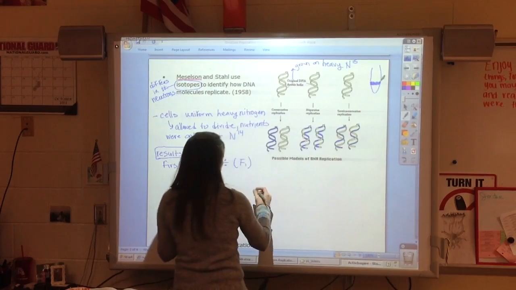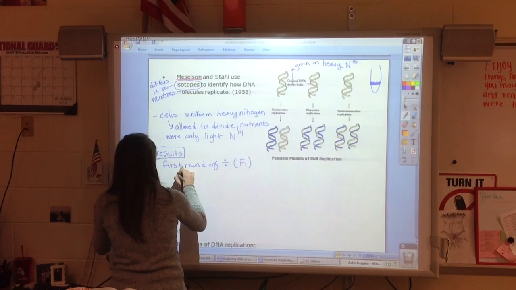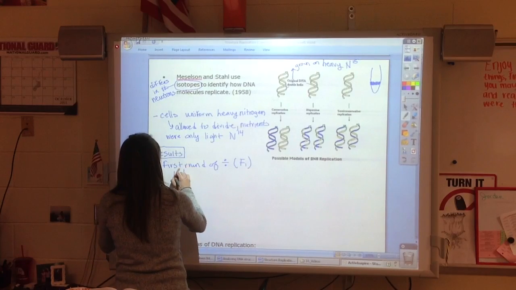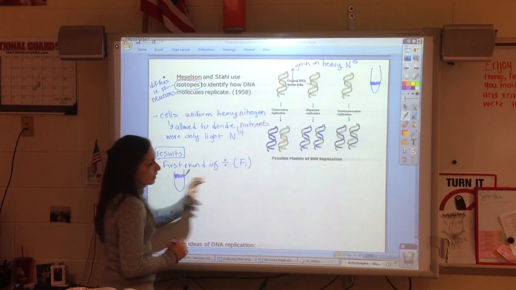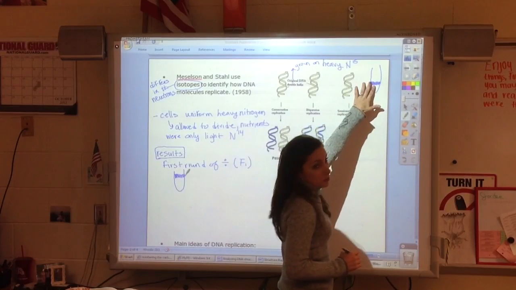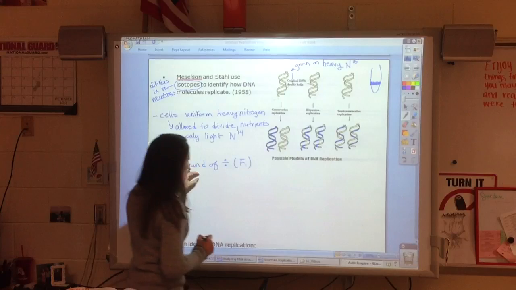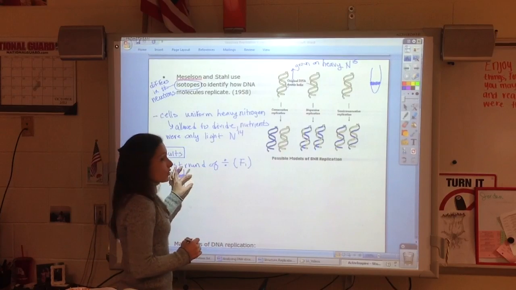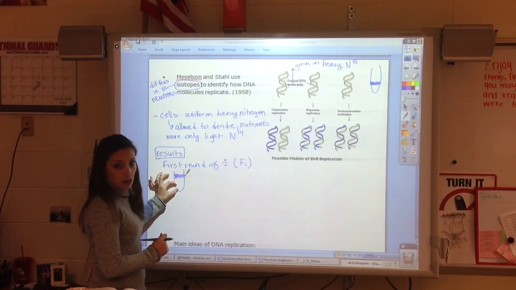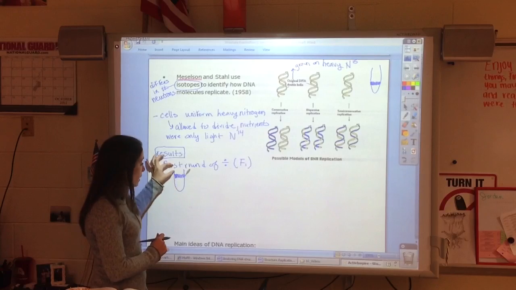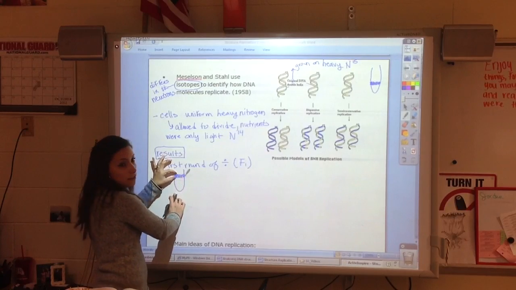After the first round, what they saw was whatever it was all medium. It's not the heavy form anymore, it's all somewhere in the middle. There weren't any DNA strands down here that were light or heavy, so we didn't have a separation of light versus heavy.